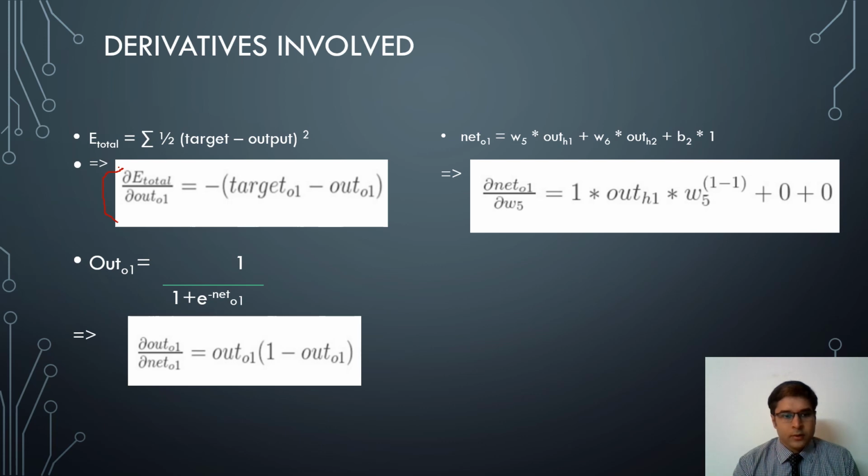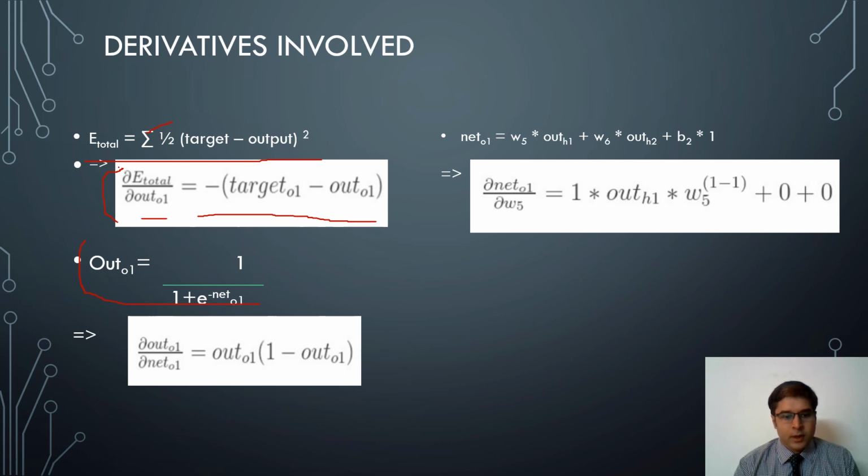So when considering E total, which is equal to the summation of half of (target minus output) whole square, when we take the partial derivative of E total with respect to output at the O1 node, we can drop the O2 node variable altogether from this summation and only take the derivative with respect to output O1, which is equal to minus (target O1 minus output O1).